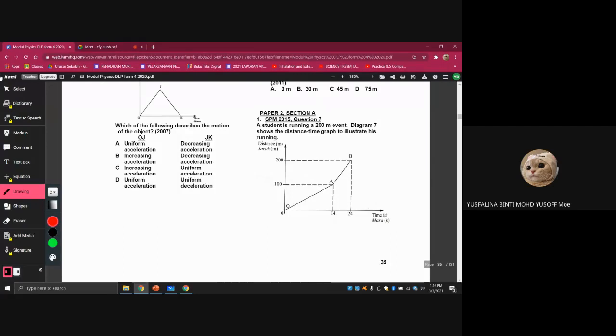Tutorial 2.1. Yeah, I already posted yesterday, I think. Yeah, yesterday I posted in the GC. Oh, this one, the structure question. I only posted the objective part. Okay, sorry. Oh, really? 4S?